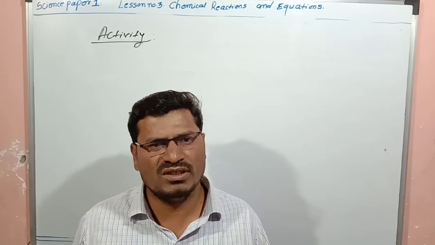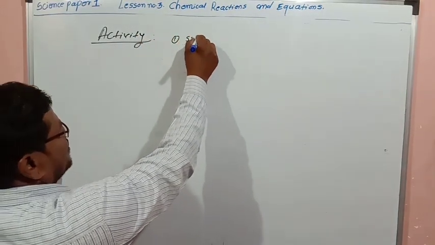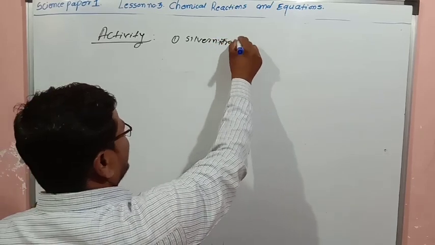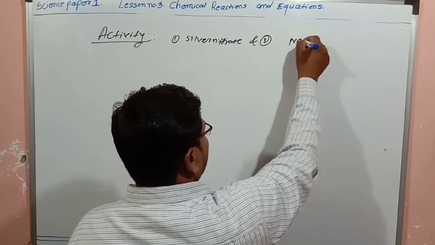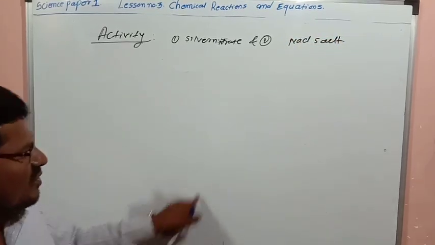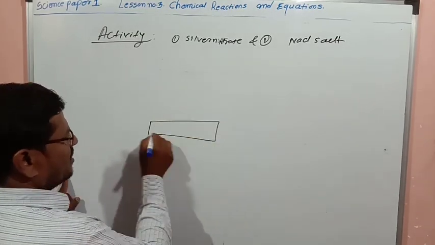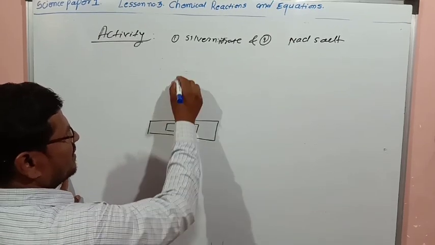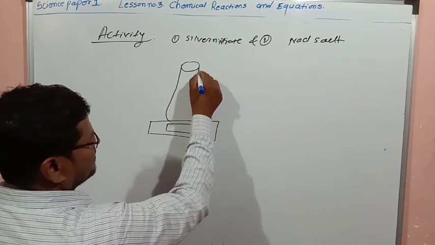So which substances do you have to take? Two things: silver nitrate, and the second one is NaCl salt. First, you will take one weight balance, where the reading will be shown. After this, you have to take one conical flask.